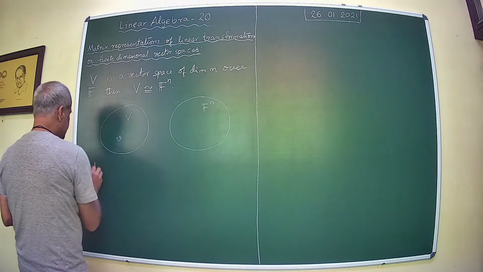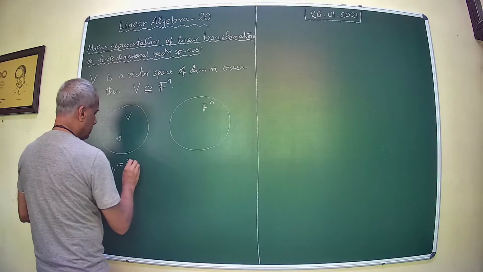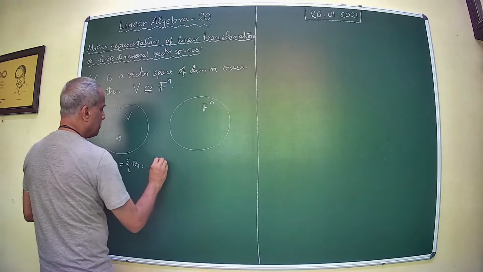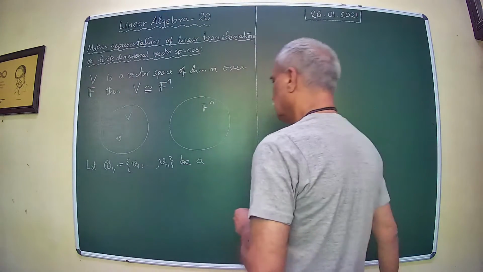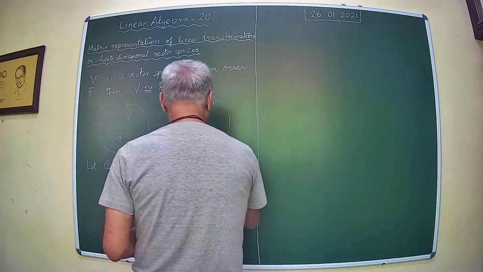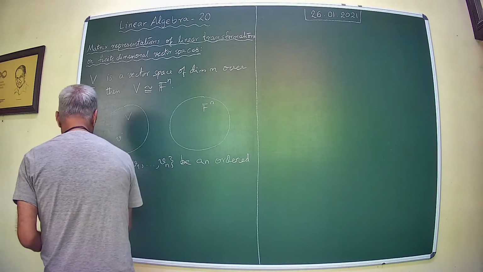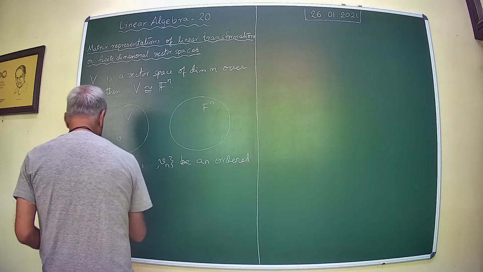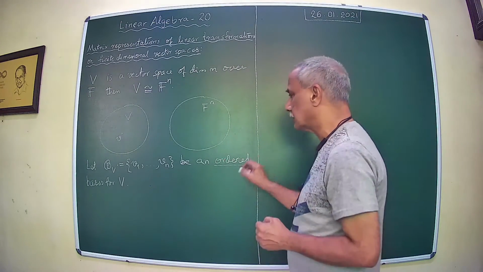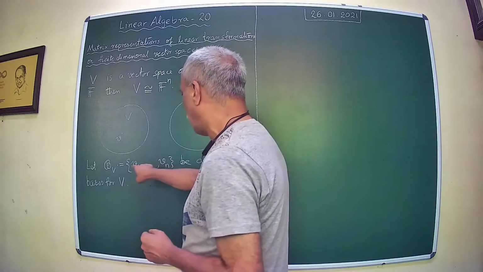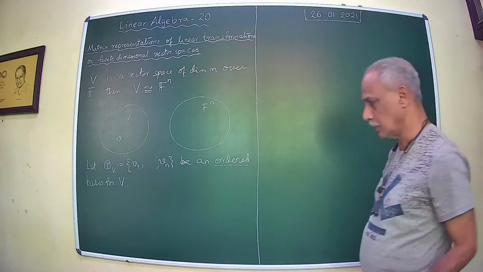Let B_V be an ordered basis. We use the word ordered because the order in which v1, v2, etc., vn appear is very important in our representation.